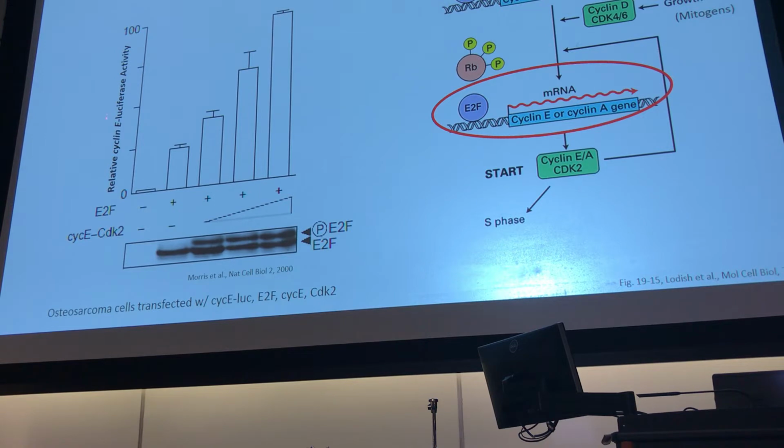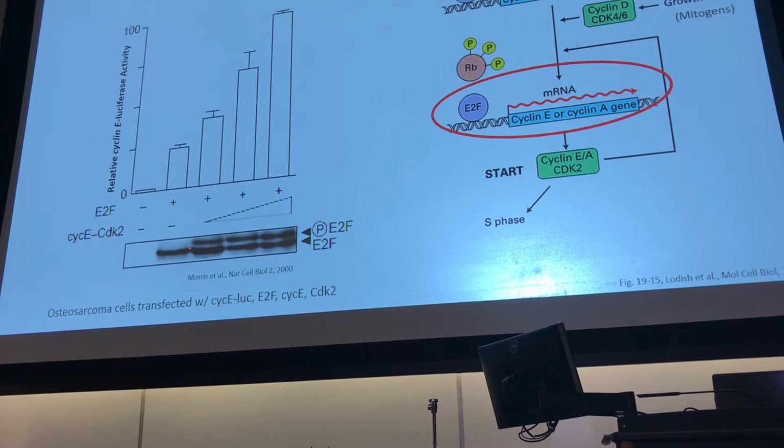So it's a cyclin E promoter fused to luciferase. What they did is they added E2F to cells, right? So all of these cells are expressing the E2F transcription factor. And then they added in increasing concentrations of the cyclin E CDK2 complex. All right, so this is all done in a test tube. So increasing concentrations of cyclin E CDK2 complex.